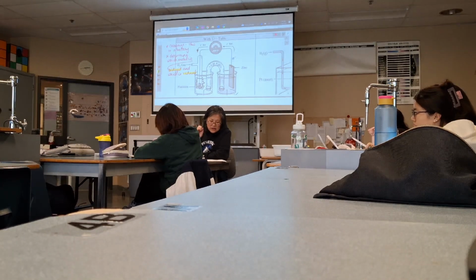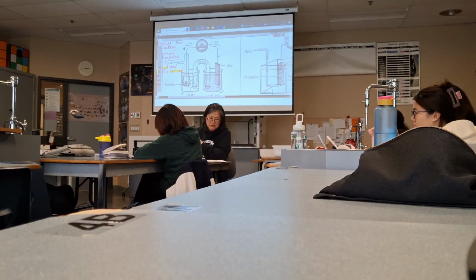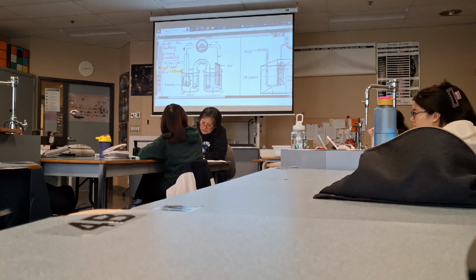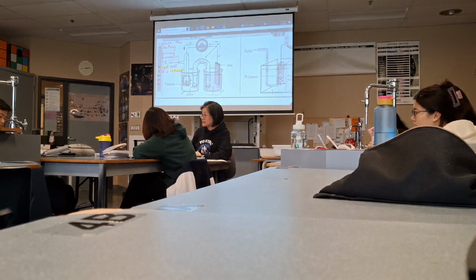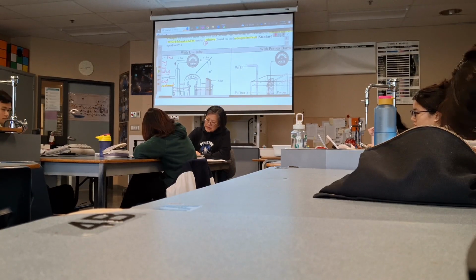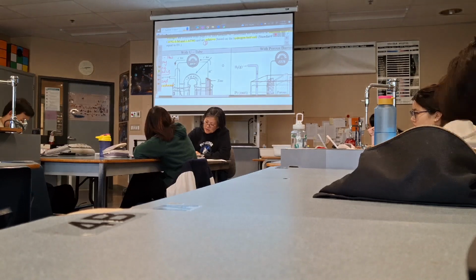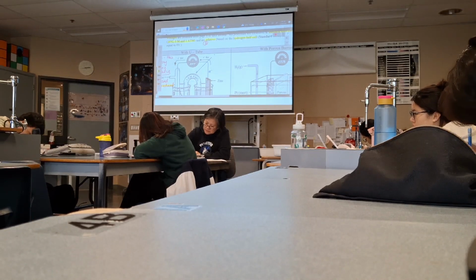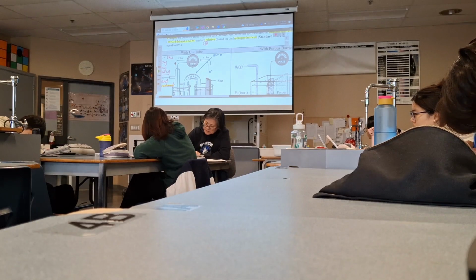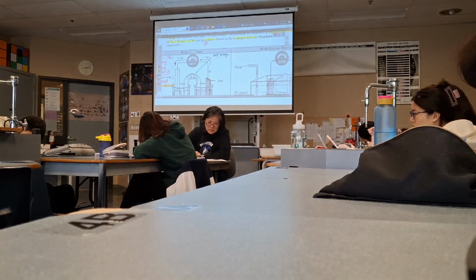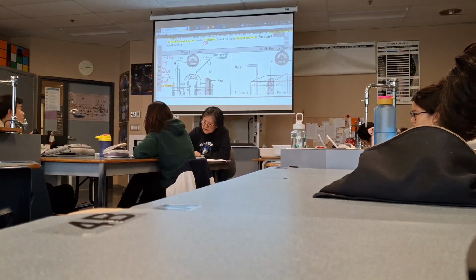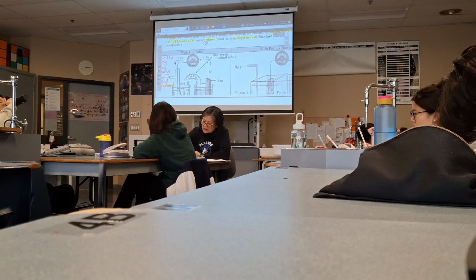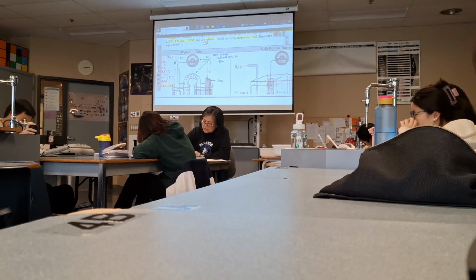Now, when you take a look here, there is also this little guy. So I'm now going to start getting you guys to begin to write things that don't make sense. This is called a salt bridge. So it allows ions to flow.